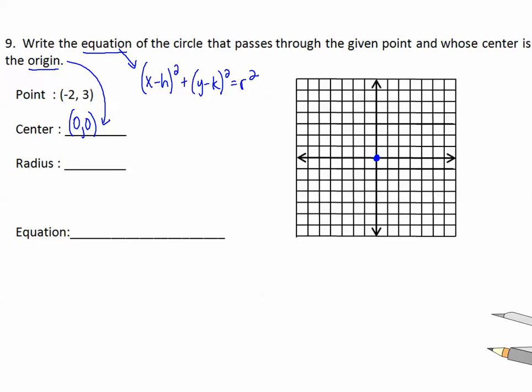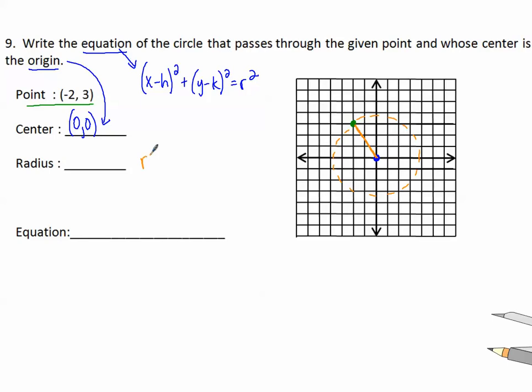We're going to do that by plotting the point on the circle that they gave us, (-2, 3), and then remembering that the circle is doing something like this, and the radius is this distance. Now, we don't need the graph because we know that the radius means the distance between those two points, and we know the distance formula, but the graph is kind of nice to make the distance formula a little bit easier.